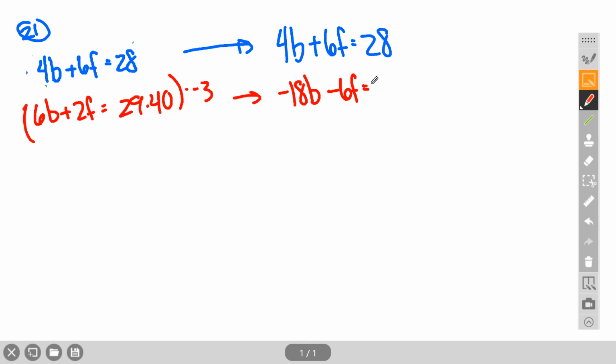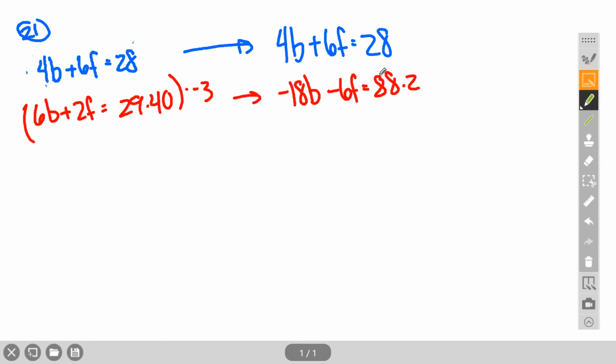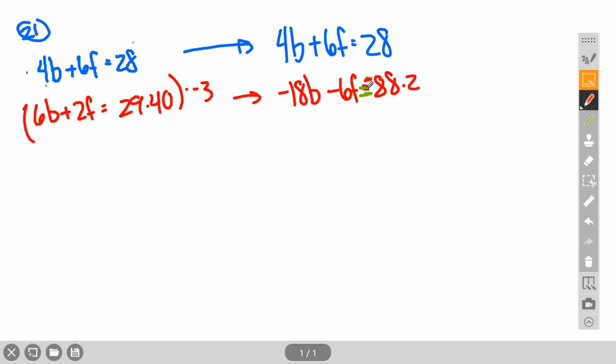29.40 times -3 is -88.2. And now I can add. That was almost a problem. Should definitely be negative because 29.40 times -3 is -88.2.